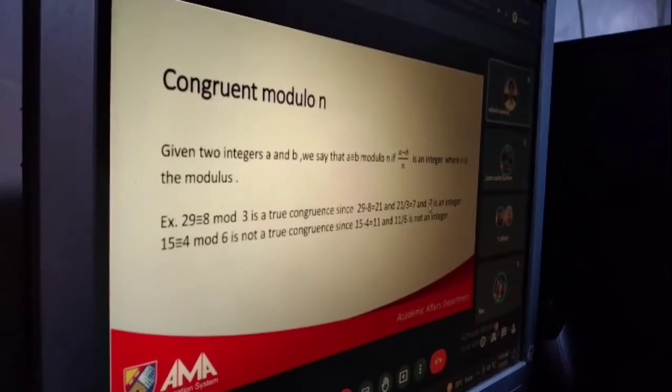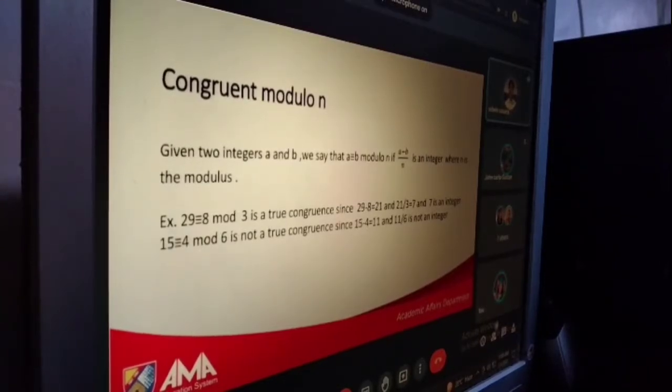Yung modulo, MOD tapos yung value. So, yun yung value ng n. So, kapag ginamit natin siya, 29 minus 8 is 21, di ba? Divided by 3 kasi 3 yung value of n sa example natin. Nakikita po ba? Nakikita po yung example, 29.